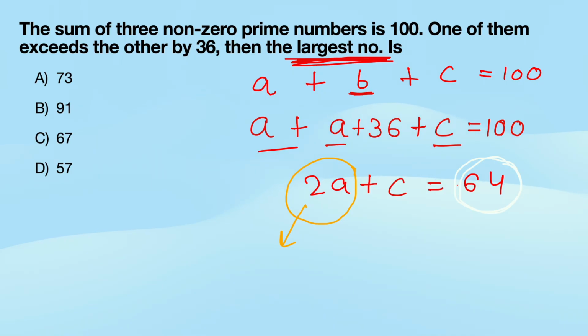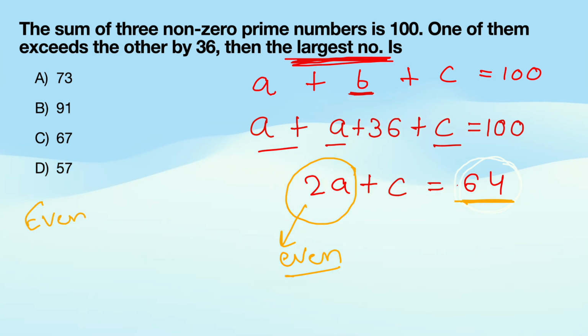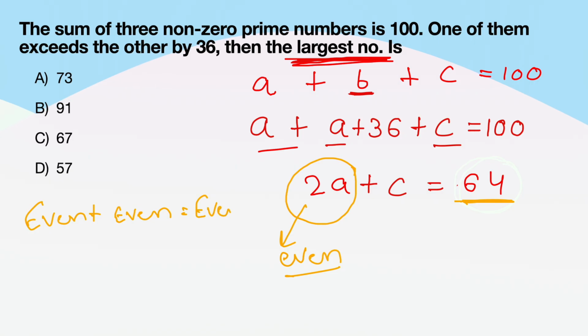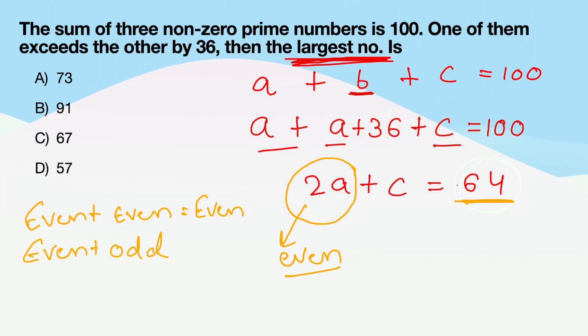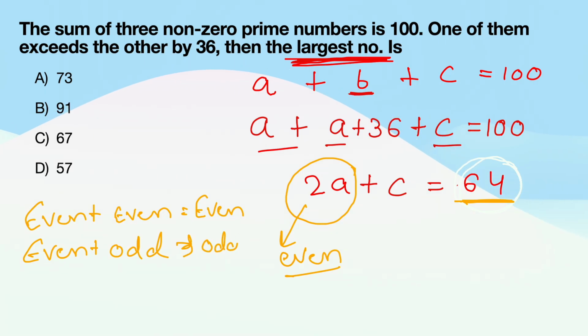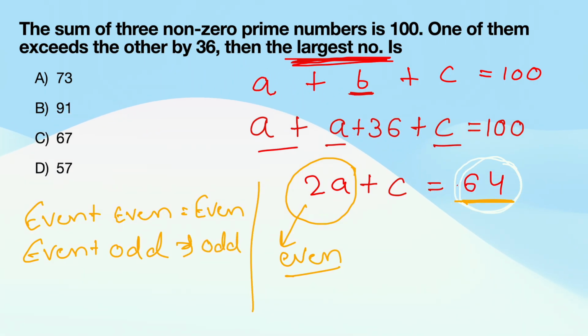Now tell me one more thing. If it is even, and at last I am getting even, right? So even plus what gives me even? If I am adding even and even number, then I will get even, na? If I am writing even plus odd number, it will never give me even, it will always give me odd. Hope this is clear, right?